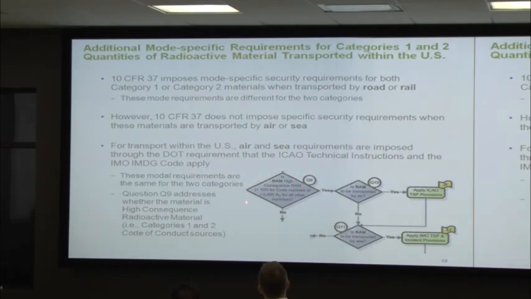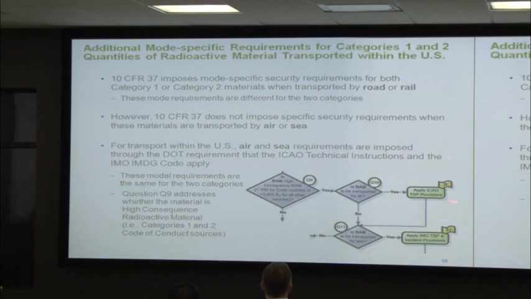So that's why in the decision chart we have this decision process here. Is the radioactive material high consequence radioactive material, greater than 10D, greater than 3000 A2? This is falling back to the IMO, IMDG code, and the ICAO technical instructions for air and sea transport. If your material exceeds 10D or 3000 A2, you've got a yes. Then you ask yourself, is it being transported by air?